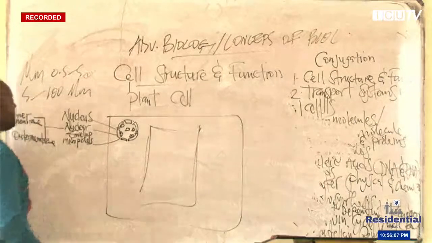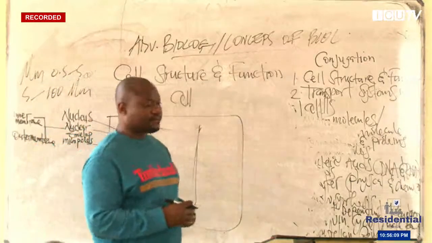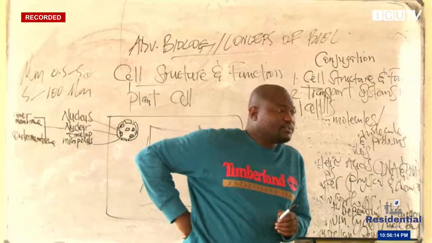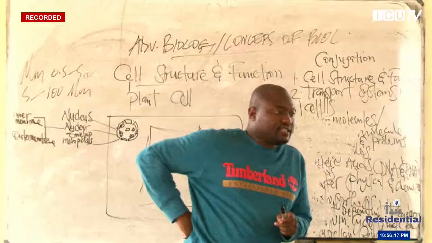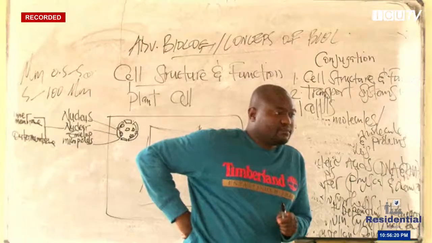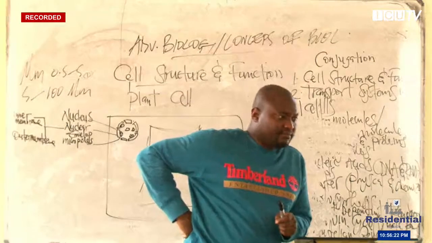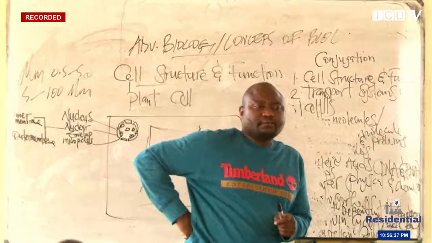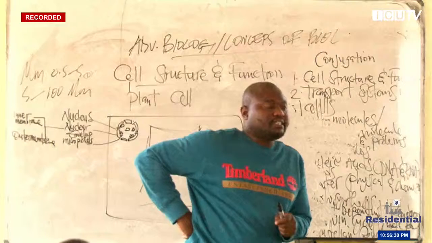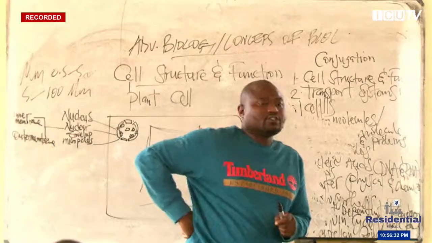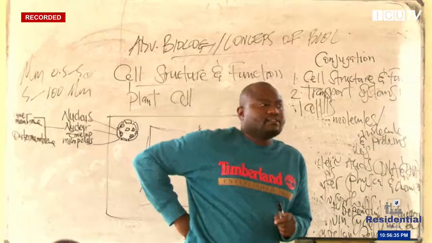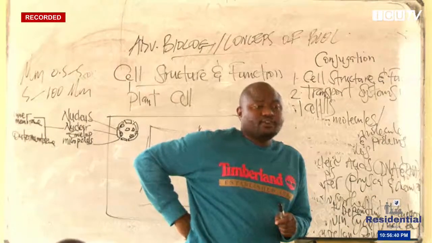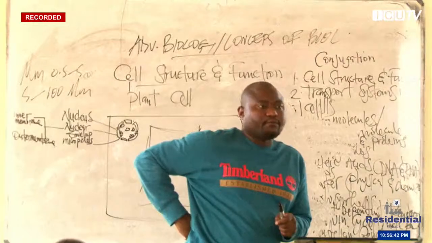These are pores that allow substances in and out of the nucleus, especially the mRNA. mRNA, when it undergoes transcription, changes from DNA to RNA, and it goes into the rough endoplasmic reticulum for protein synthesis.